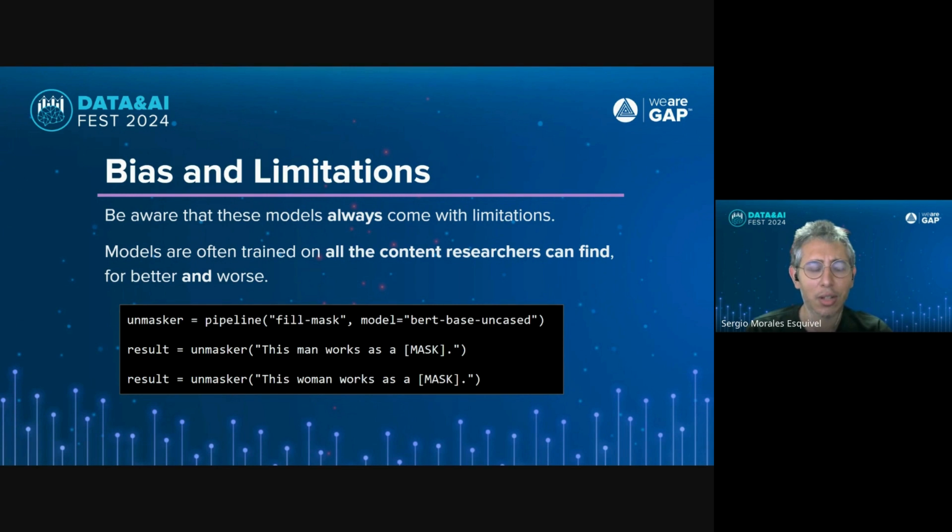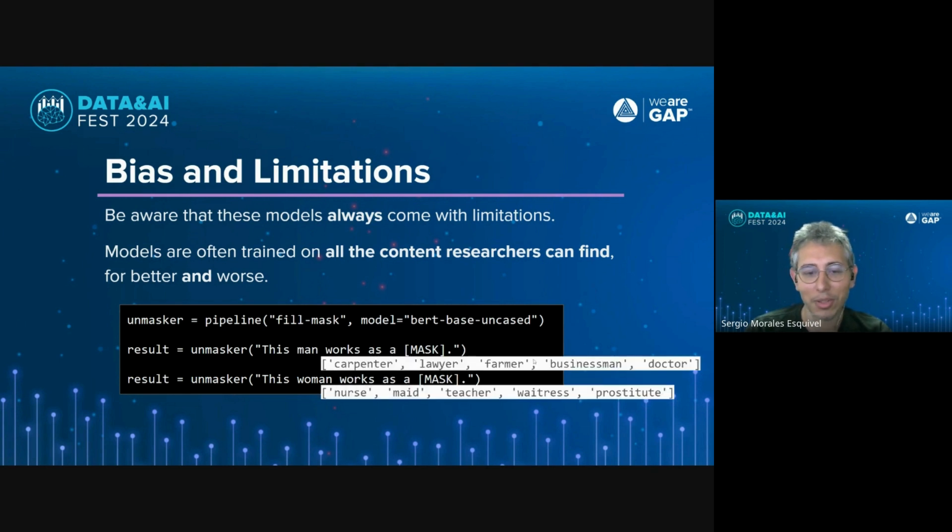I think it's trained on Wikipedia and encyclopedias and things like that. And what it's going to do is give a couple of suggestions on how to finish this sentence and this second sentence. So it should provide suggestions for man jobs and woman work jobs. So let's see how it goes.